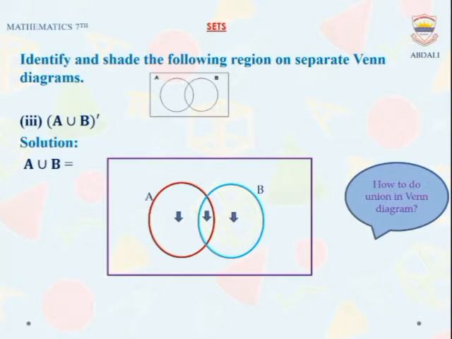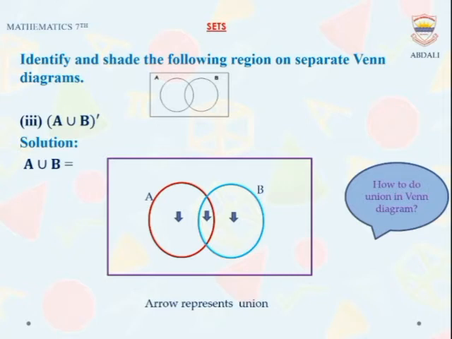The definition of union says that all the elements that are in set A or B. So we will represent all the elements of set A and set B in union. These arrows here show union. Union is in these regions only.